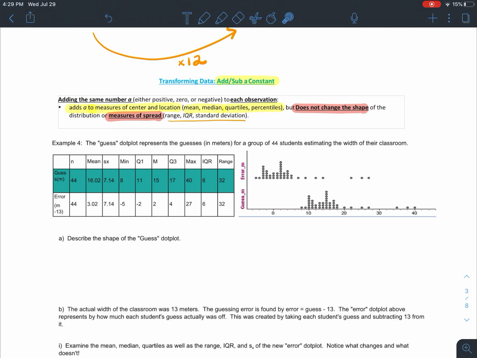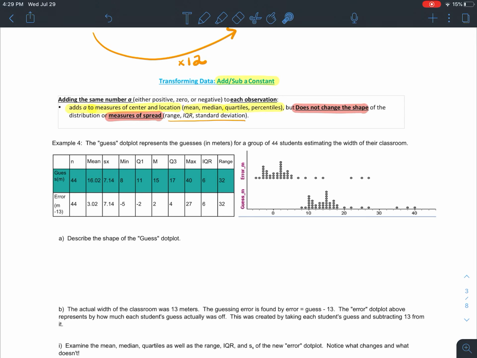What we have here are two dot plots. 44 students were asked to eyeball and guess the width of their classroom. They guessed in meters.